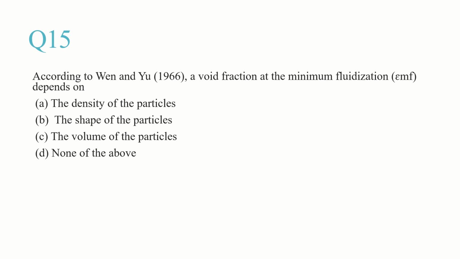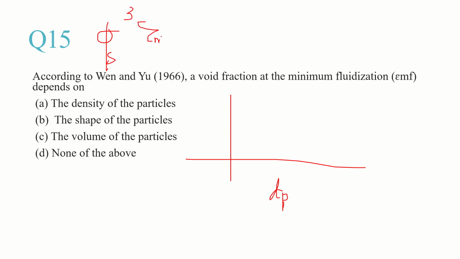Okay, actually, Wen and Yu has given a correlation in a graph where dp, the diameter of the particle, is given on the x-axis, and on the y-axis they have given phi s squared, phi s cubed, epsilon mf cubed by 1 minus epsilon mf squared.